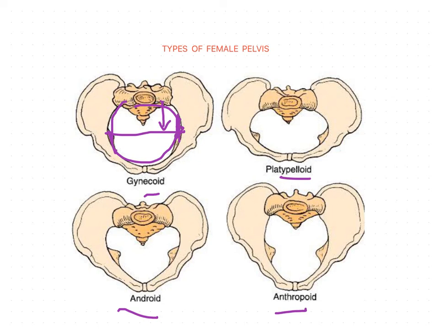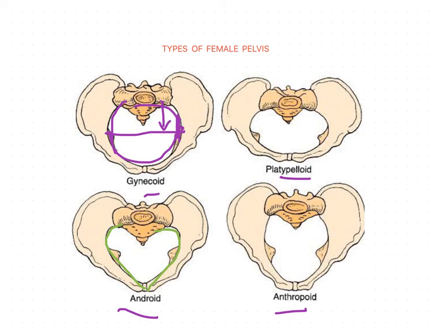This android type is also one kind of female pelvis which resembles the male pelvis; 32.5% of females have this kind of male pelvis. Here the inlet is triangular in shape, with the greatest transverse diameter placed much nearer to the promontory than in the gynecoid pelvis.